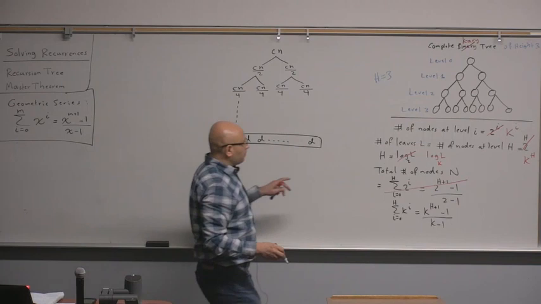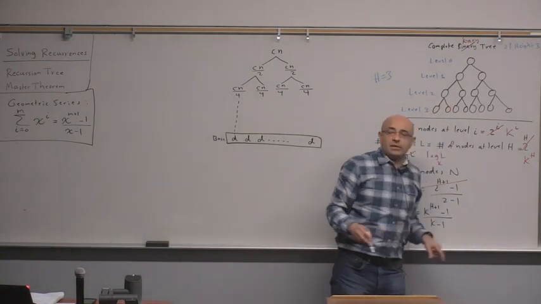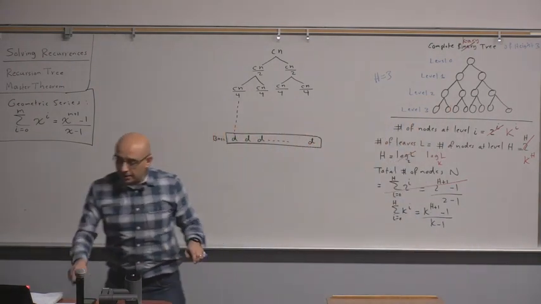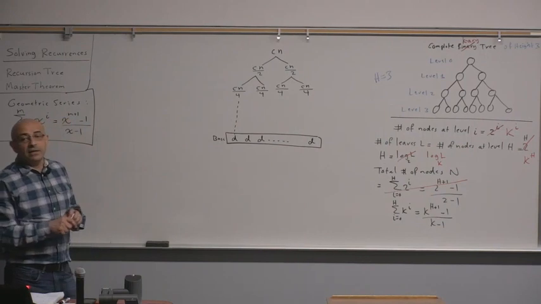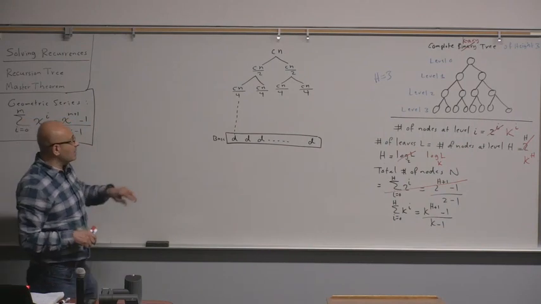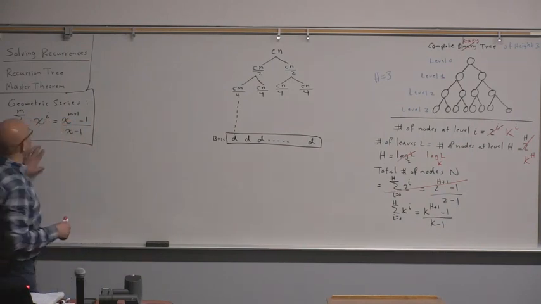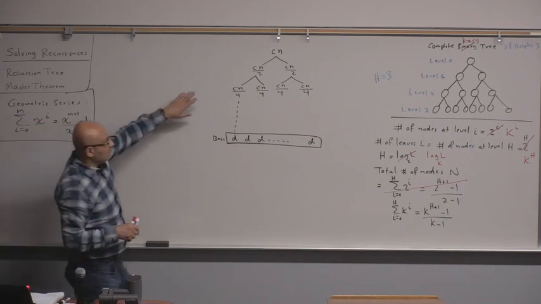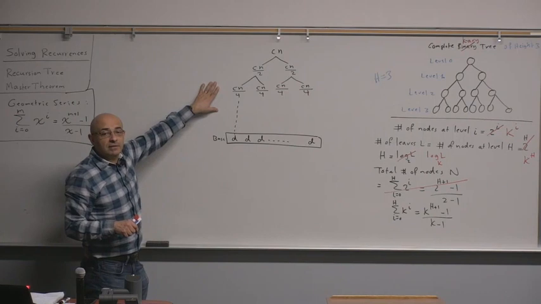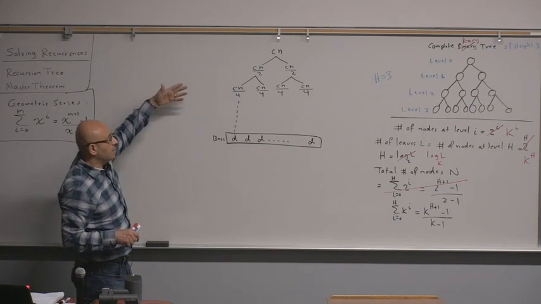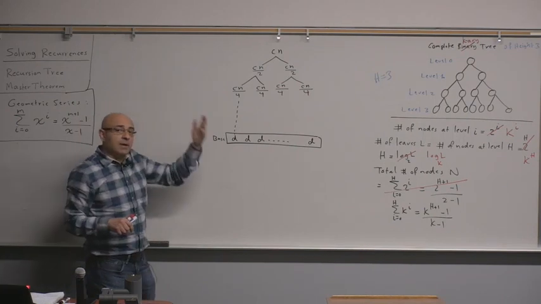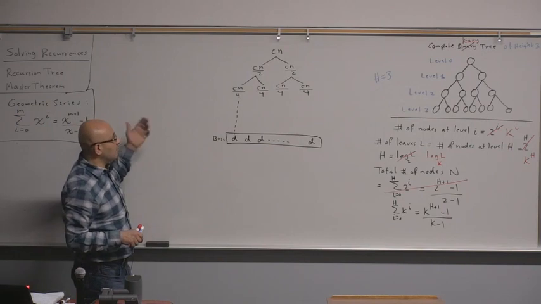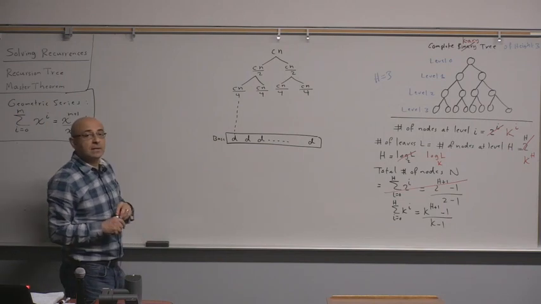Anyway, that was just a review of the mathematical relations for a complete binary tree. Why did we review them? Because the recursion tree that we will be constructing will be a complete k-ary tree, not just binary. So what determines if it's a binary or a trinary tree?